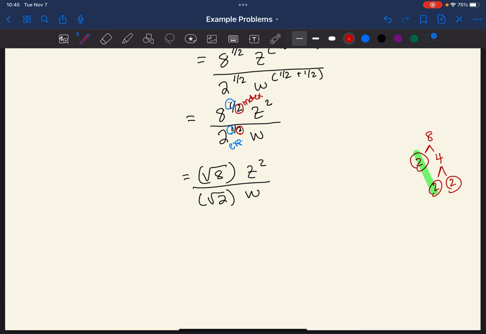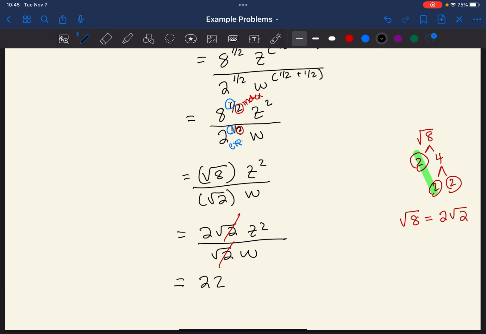So the square root of 8 is the same as 2 square roots of 2. I'm going to plug that in: 2 square roots of 2, z squared, over square root of 2, w. My square roots are going to cancel out, and then I have 2z squared over w. And that's my answer.